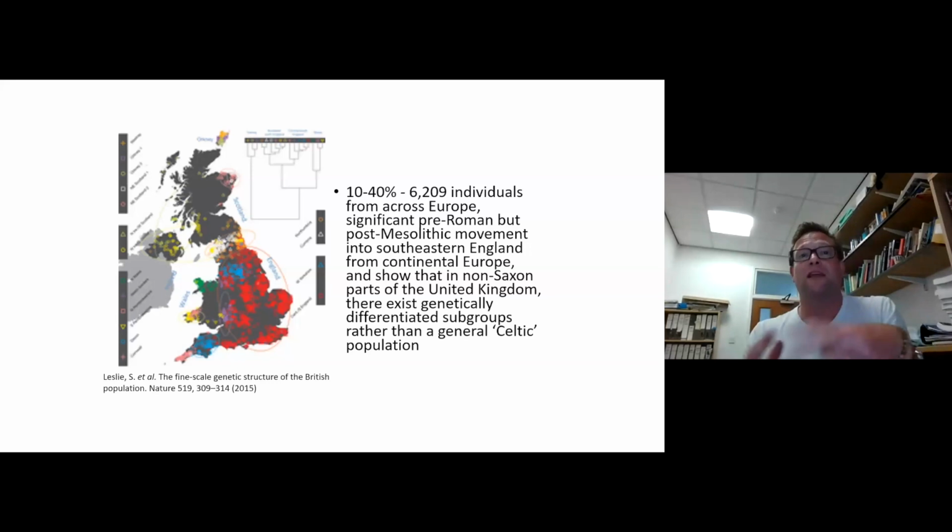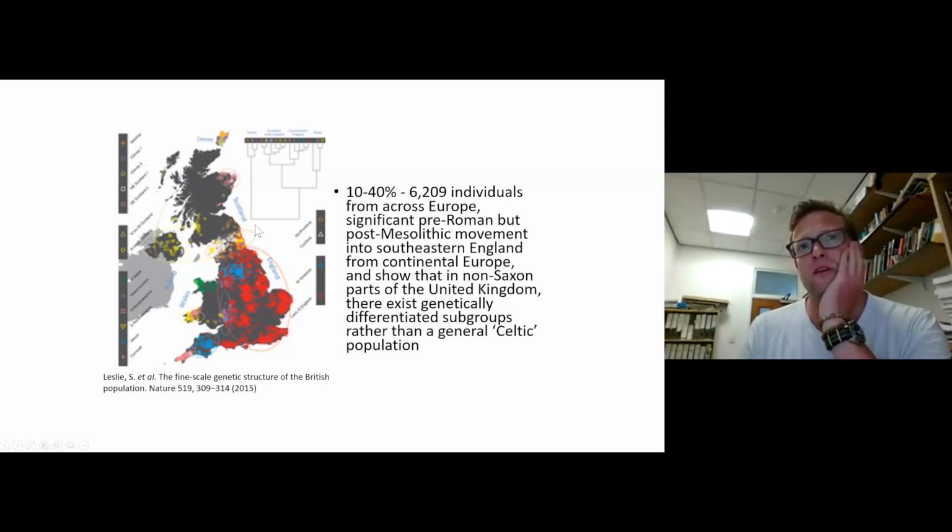At the same time, Leslie et al. was using modern DNA to look at the fine-scale genetic structure of the British population, looking at just over 6,000 individuals. Again, modern DNA, and they were able to spot quite a lot of differences across the regions of Britain.